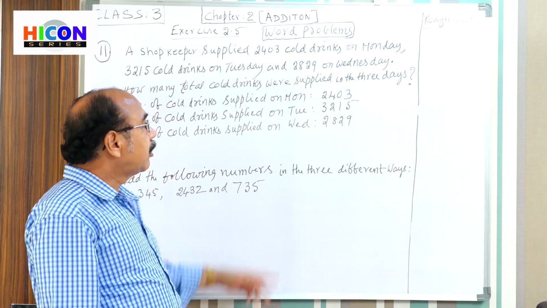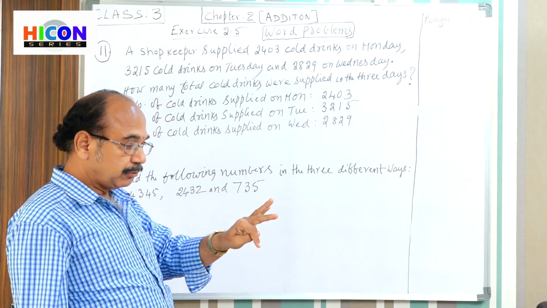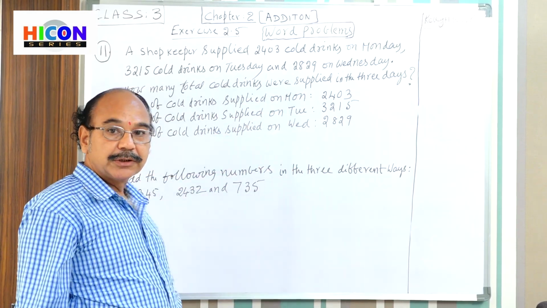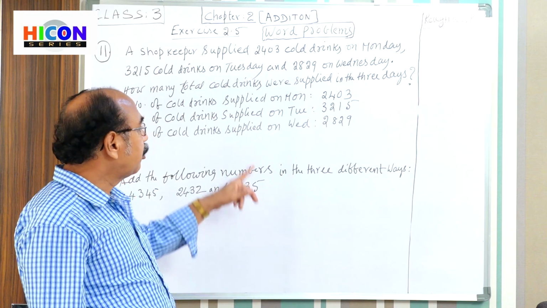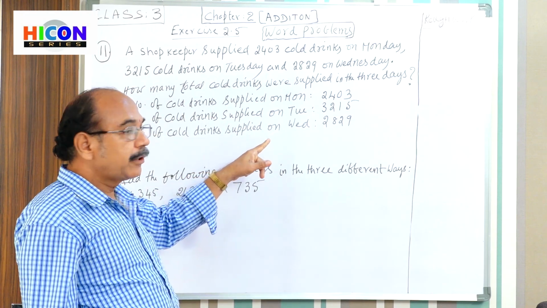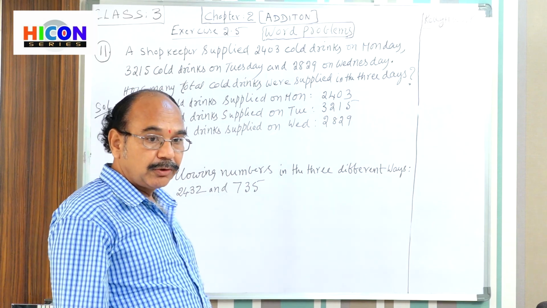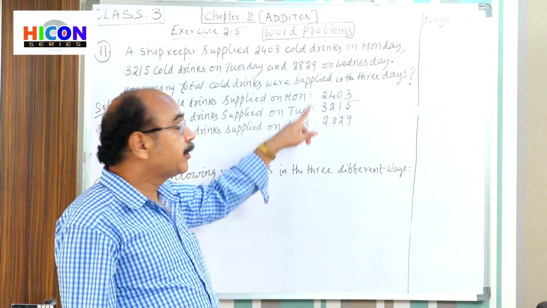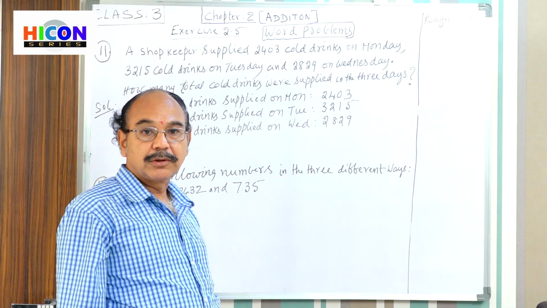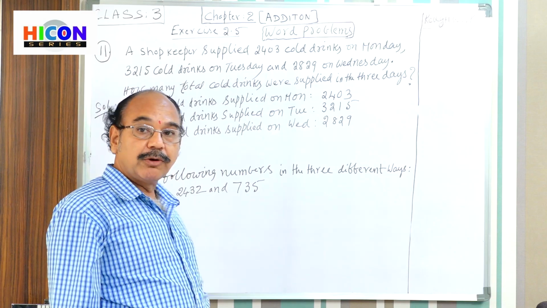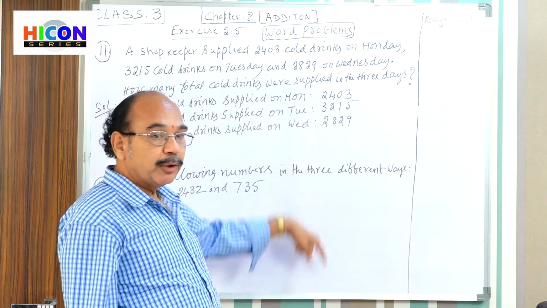Altogether, in all the 3 days, that is Monday, Tuesday, Wednesday, how many cold drinks were supplied? Total number of cold drinks supplied in all the 3 days. To get it, we add the 3 numbers. To find the total, we add the 3 numbers.